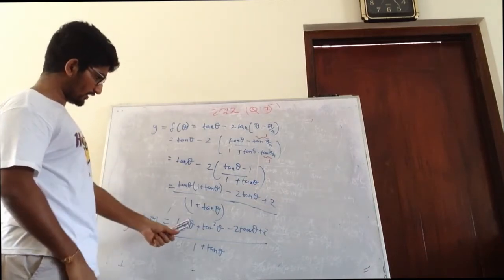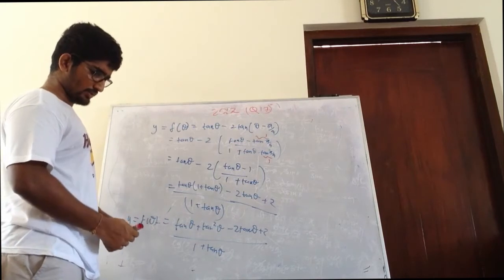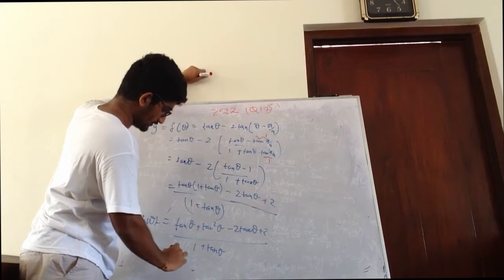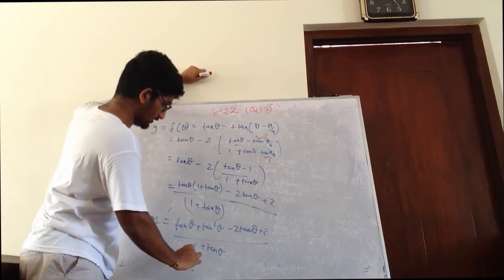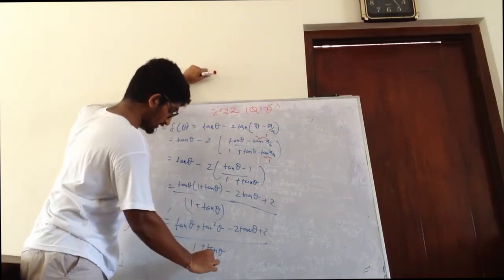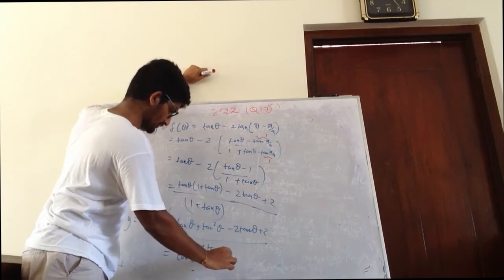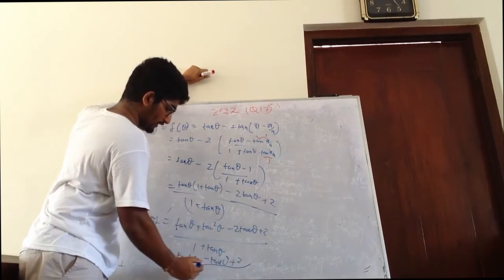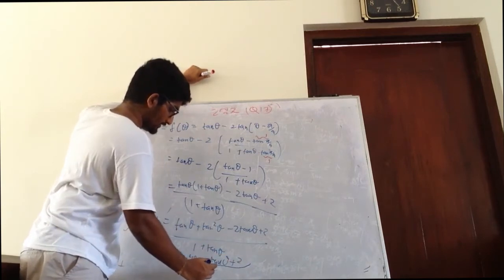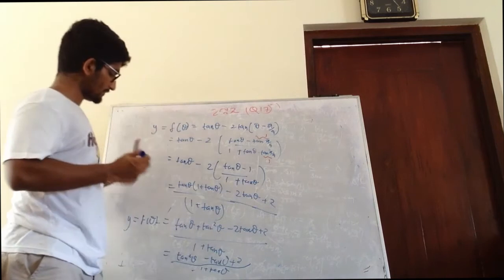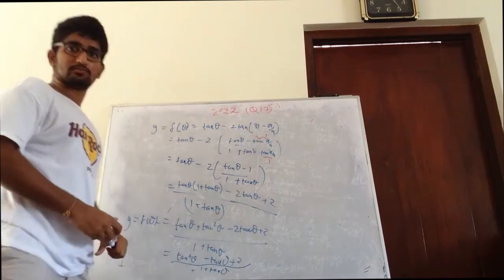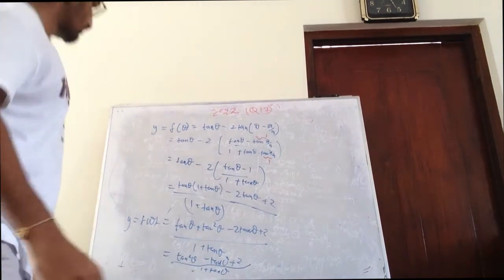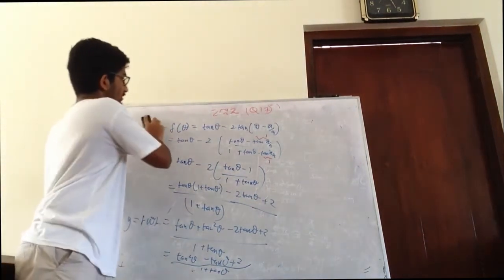Now we can further simplify this. This is tan square theta minus tan theta plus 2 over 1 plus tan theta. So write this down.